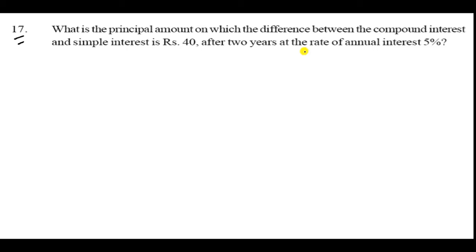So that will be your answer. Let us start. Your next one is question number 17. What is the principal amount on which the difference between the compound interest and the simple interest is rupees 40 after 2 years at the rate of annual interest 5%? So that is given as CI minus SI.